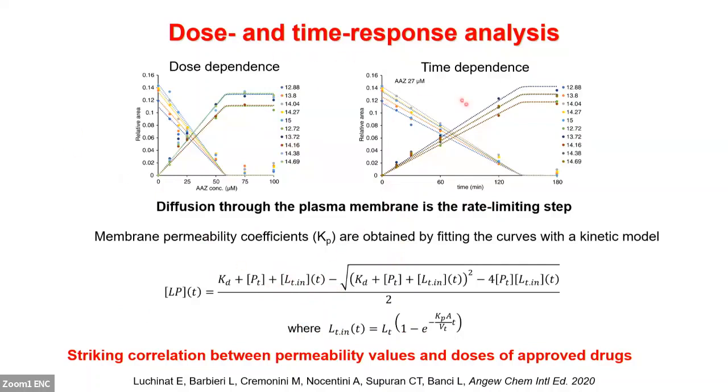From these measurements, we can determine the permeability coefficient and correlate it with the potency of the drug. We were very glad to find that for the two approved drugs, which have essentially exactly the same affinity constant, the prescription requires 10 times more of one compound than the other.